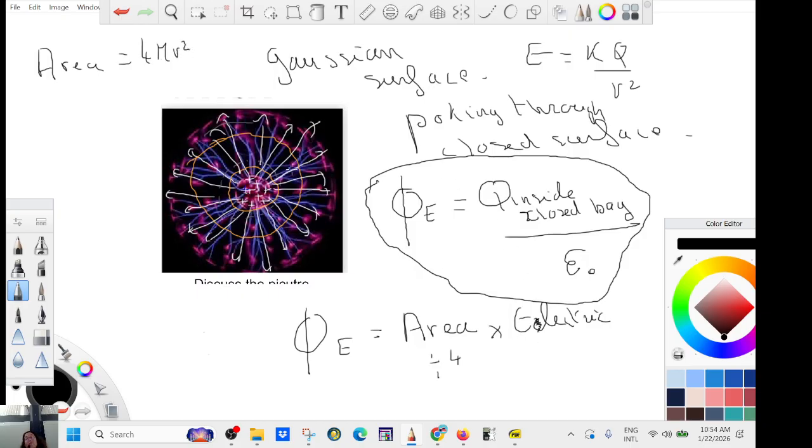And if you divide the distance by 2, the electric field will be multiplied by 4. So it's going to stay the same. That law is just a consequence of Coulomb's law, that says if you divide the distance by 2, the electric field is multiplied by 4. You follow? Okay, so this is Gauss' law in a nutshell. If you understand that, you're good.